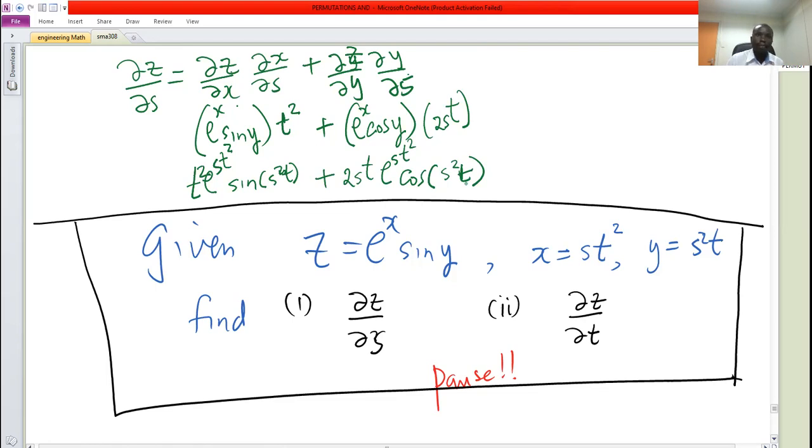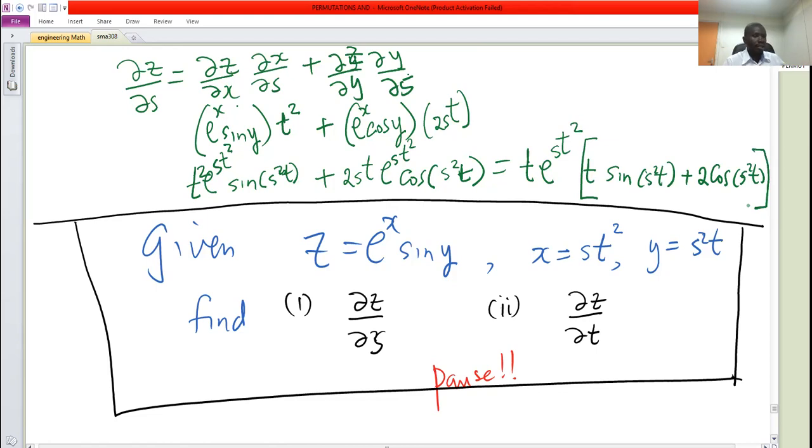So the same thing can be written as, t is common, and then e^(st²). So this would be t sin(s²t) plus 2, cosine of s²t.